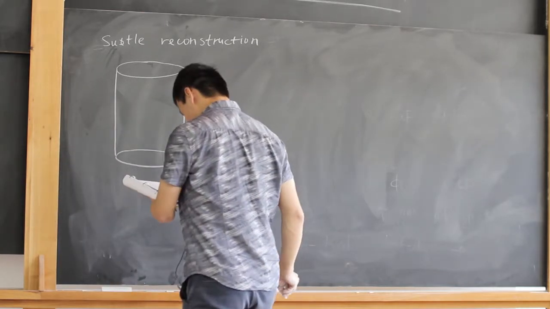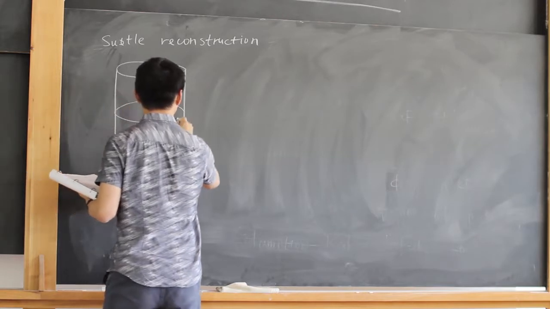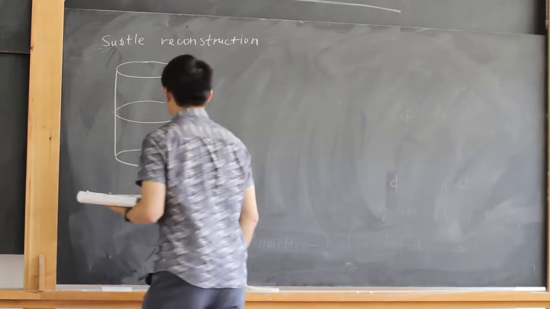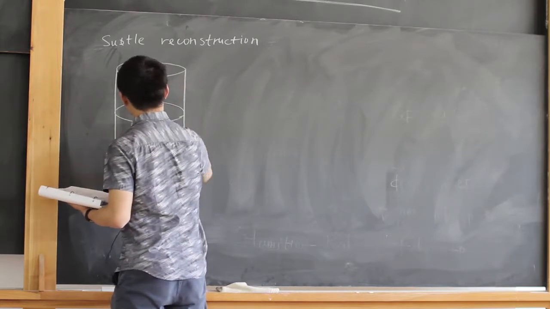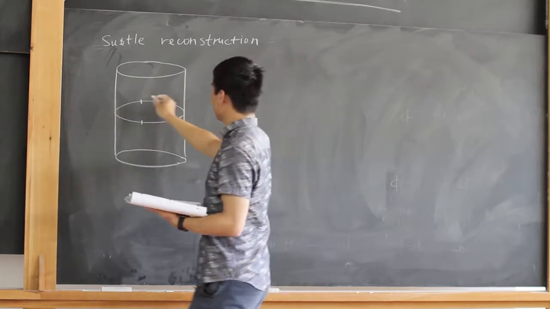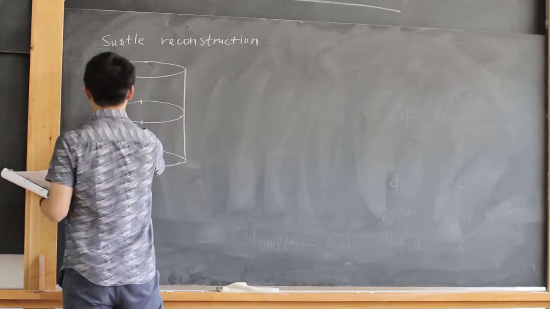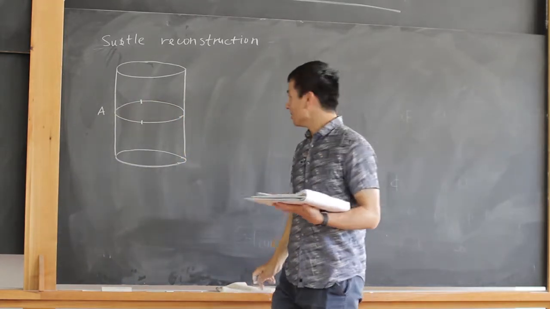So this is again ADS, and now we choose a time slice. On top of that, we choose a region, so we break the time slice on the boundary. The boundary time slice is simply a circle. On that circle, we choose a region A, and the rest is a complement.